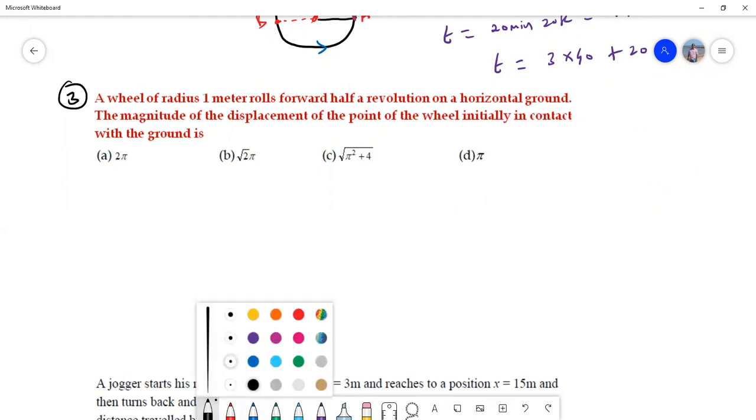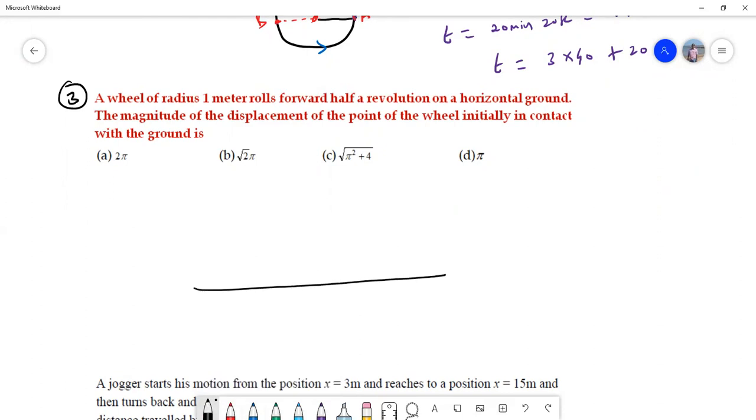Let's take this as the ground, and this is the wheel. Initially, remember, this point is in contact with the ground. Now this wheel starts rolling in the clockwise direction.